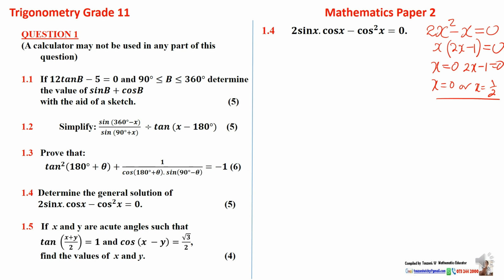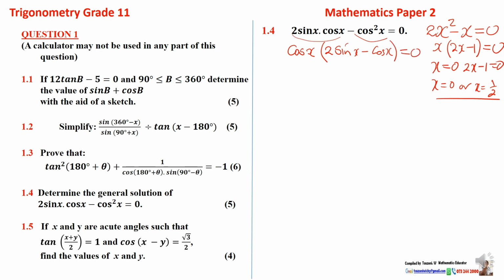Now if we look at this equation, the first one, this is one term and this is another term. From the two terms, there is a common factor of cos x. So if you factor out cos x, we remain with 2 times the sine of x minus the cos of x. This is equal to 0.